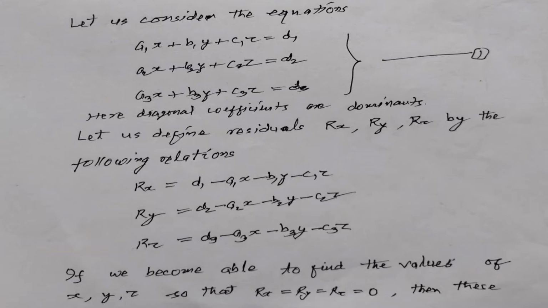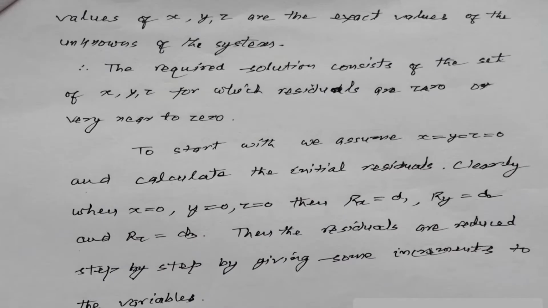If we are able to find the values of x, y, z so that Rx equal to Ry equal to Rz equal to 0, then these values of x, y, z are the exact values of the unknowns of the system. The required solution consists of the set of x, y, z for which residuals are 0 or very near to 0.